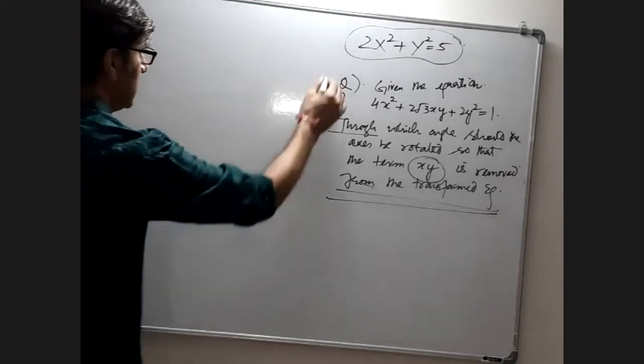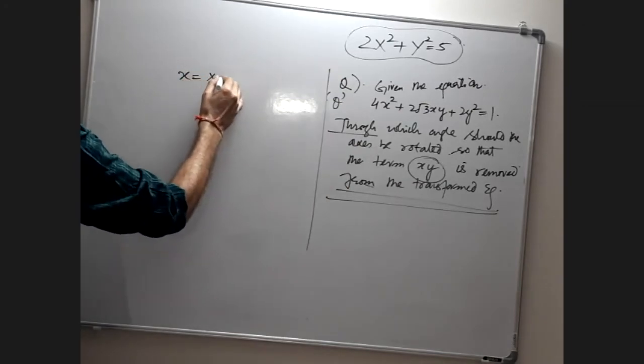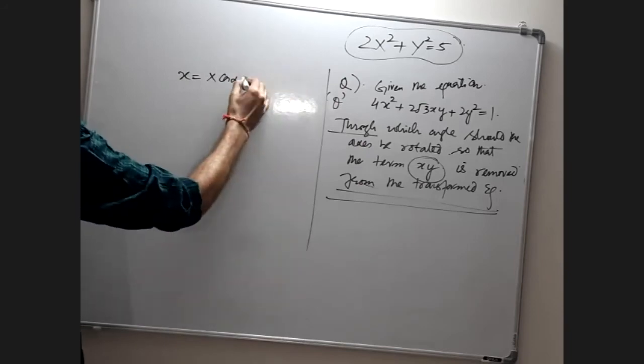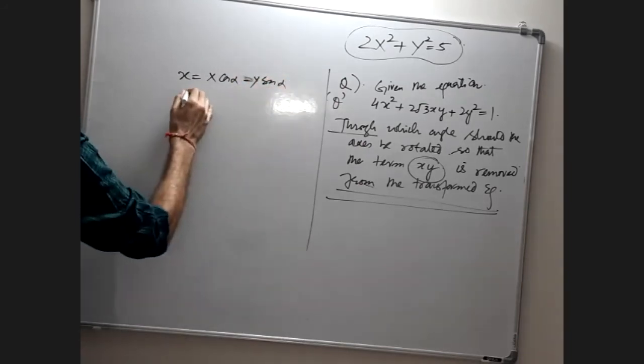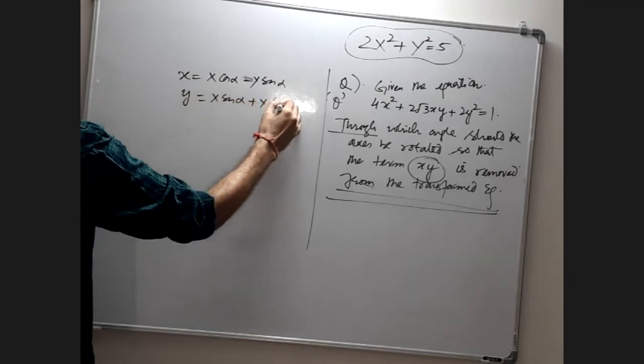So how do you do it? We'll simply do x is equal to x cos alpha minus y sin alpha, and y is equal to x sin alpha plus y cos alpha.